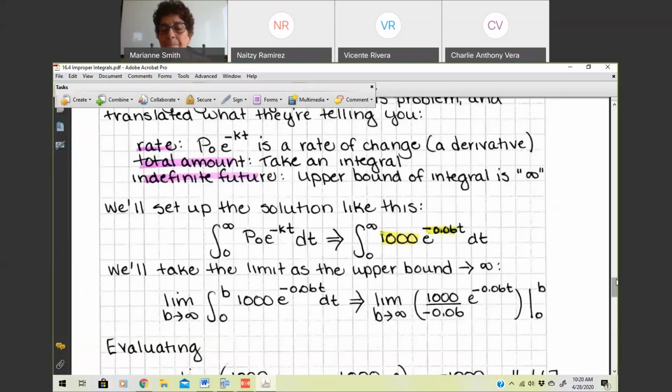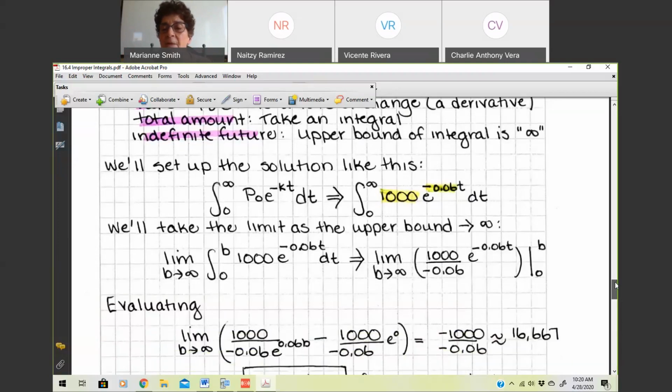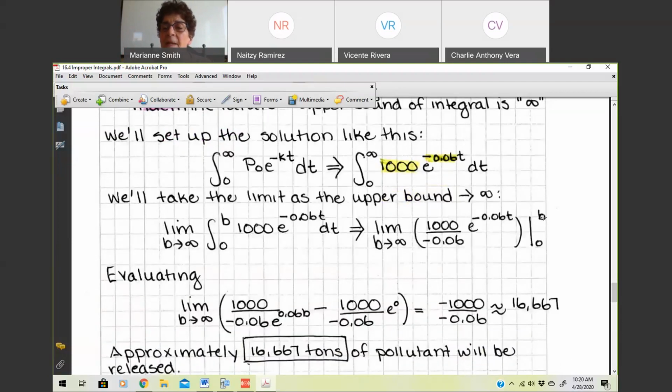Right now I am evaluating at my upper bound. So here's e to the b, and then here is e to the 0. Now this e is in the denominator, right? If it's a negative exponent, that puts the e in the denominator.